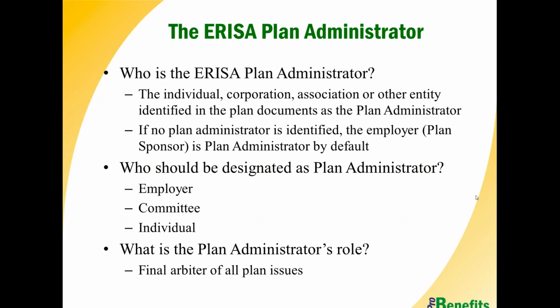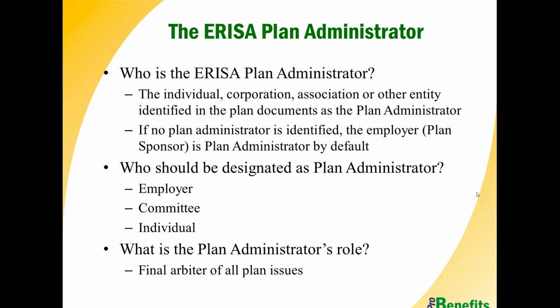Once we decide who the plan administrator is, the question becomes, what is the plan administrator's role? Essentially, the main role of the plan administrator is to act as the final arbiter of all plan issues. For example, if there's a question as to whether an individual meets the hourly requirement for eligibility, the plan administrator would make that final decision.